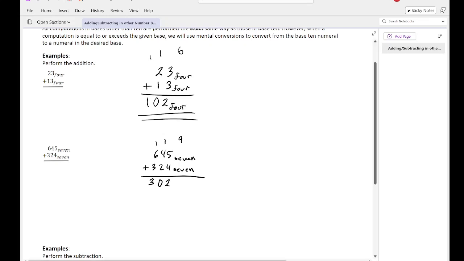And 7 can go into 10 one time. And then we have a 1 there, because we carry it down. So 645 base 7 plus 324 base 7 is 1302 base 7.